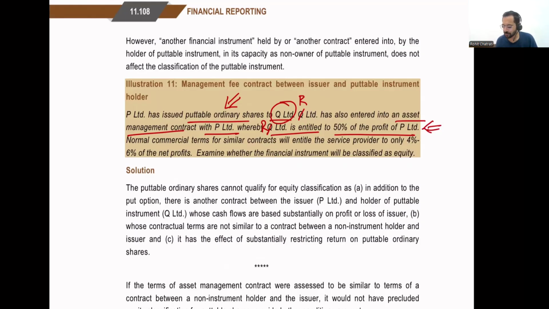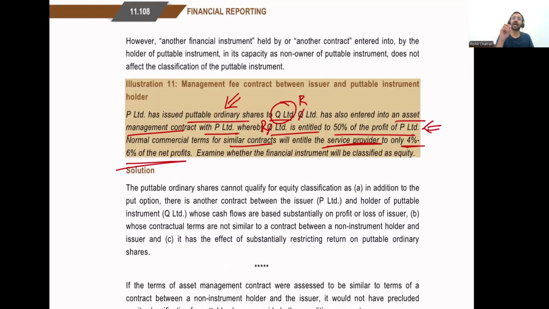Normal commercial terms for similar contracts will entitle the service provider to only 4 to 6% of net profits. What the next sentence is saying is, if R Limited, or anybody else, provides these same services in the general market, the consideration they take is only 4 to 6% of the profits.